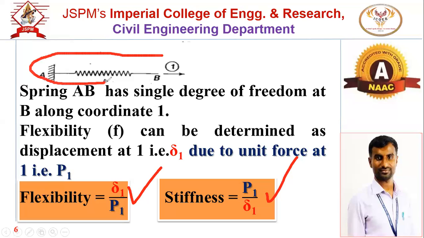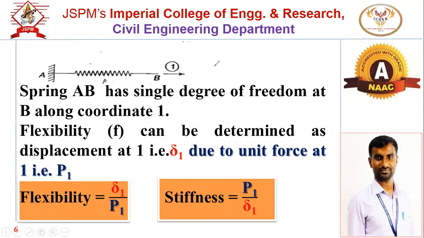What is the case? Only 1 degree of freedom is possible, means only axial displacement, only horizontal displacement is possible. But practically how many displacements are possible? Here only one is given for understanding, but that is not the case.